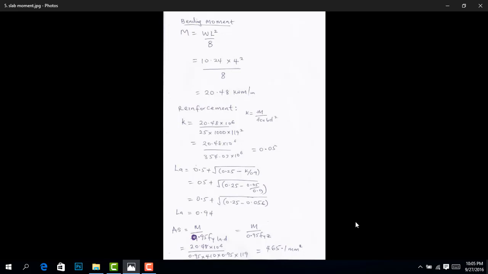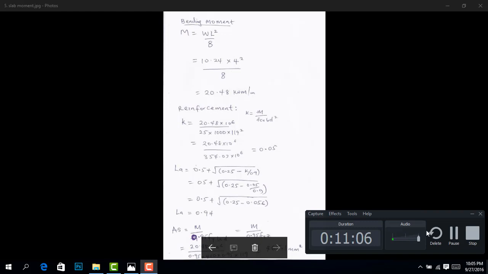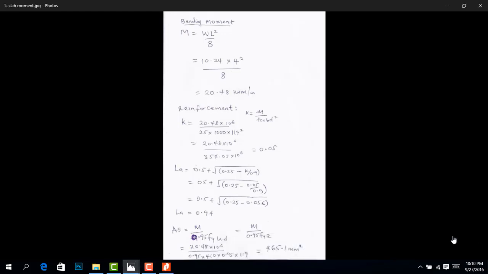With this we can now estimate, or check to see, the number of reinforcement we need. If you look at it, the area of steel required is 465.1.